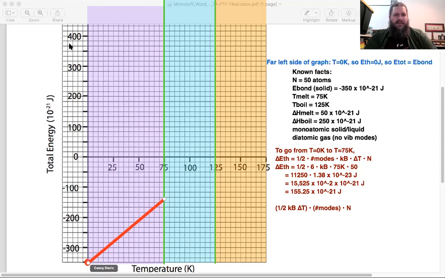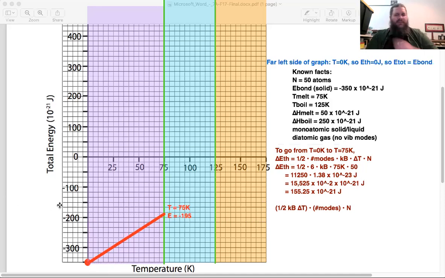And let me label the data here. At this point, the temperature is 75 Kelvin and the energy is that. That can't be right. Negative 350 plus 155, negative 195. So that should actually be more like this.